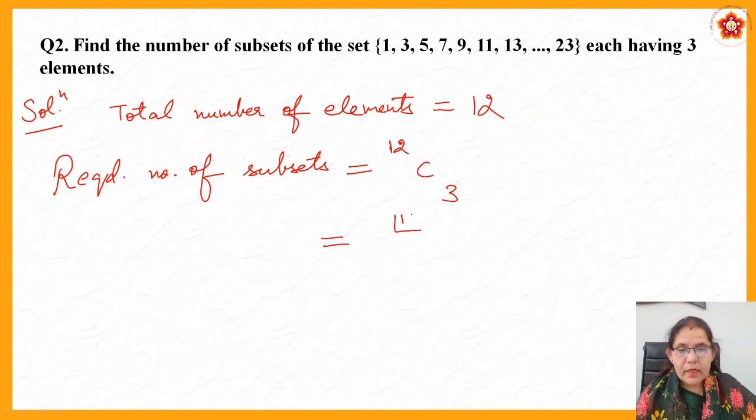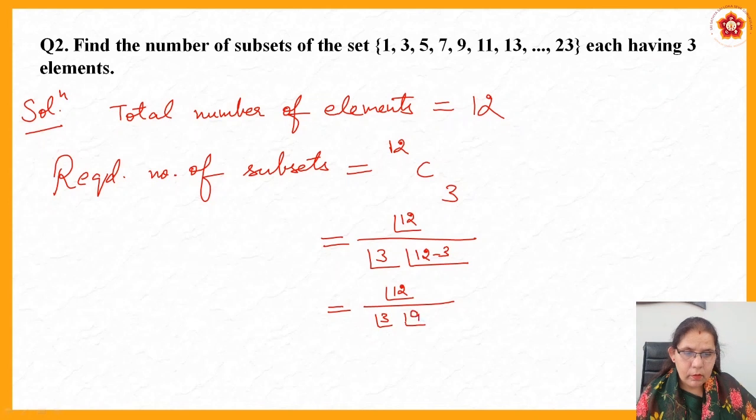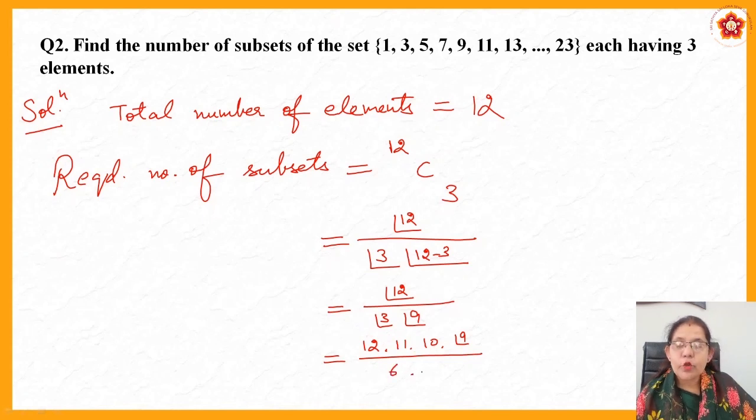So how many subsets will be formed? Let's solve it. It is factorial 12 divided by factorial 3 into factorial 12 minus 3. Solve it. It is 12 into 11 into 10 into factorial 9, and factorial 3 is 6, 3 into 2.